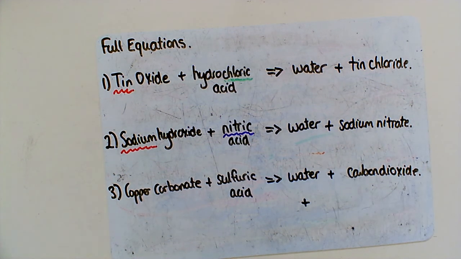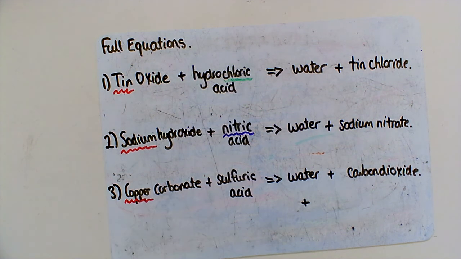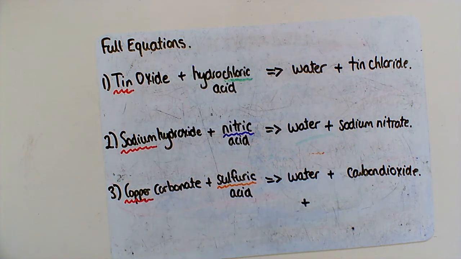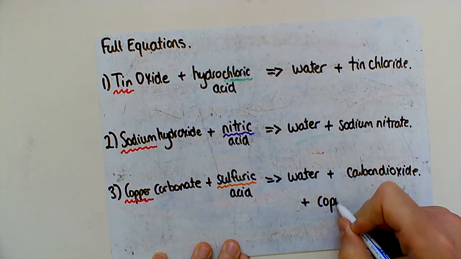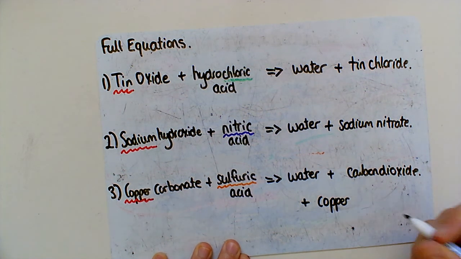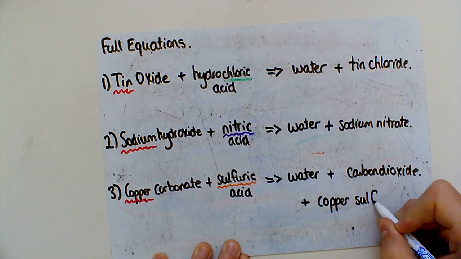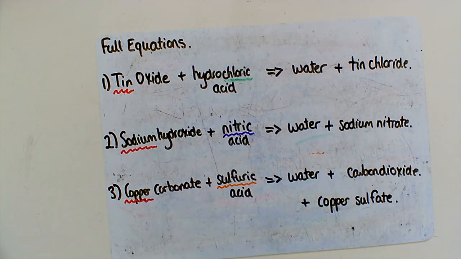And with the salt, just like before, we take the name of the metal from here, then we look and we've got sulfuric acid, so we use this part, copper, the metal, then we have space, and sulfuric acid gives us sulfates.